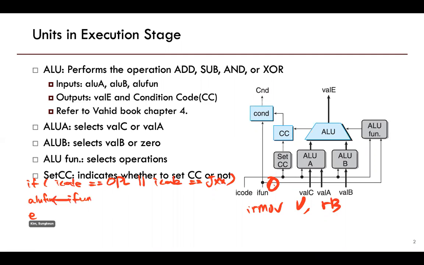Otherwise, for other instructions, we need to put ALU fun 0. If you guarantee that ifun is always 0 for other instructions, not OPL and not jXX, then we don't need this part actually.